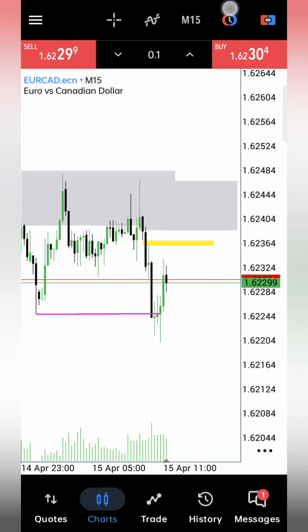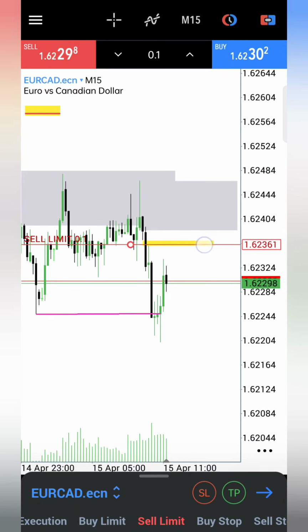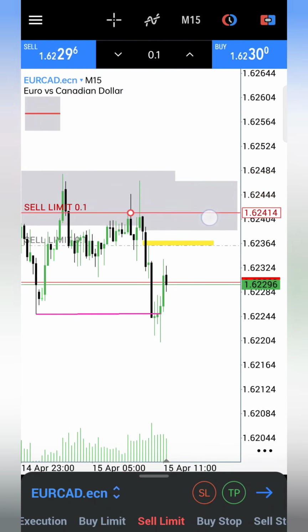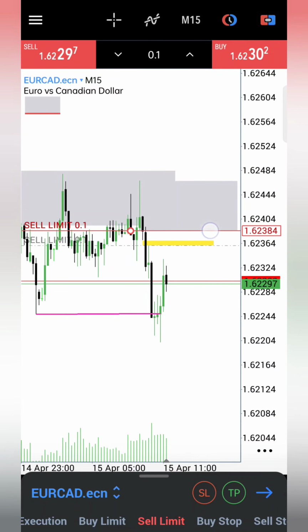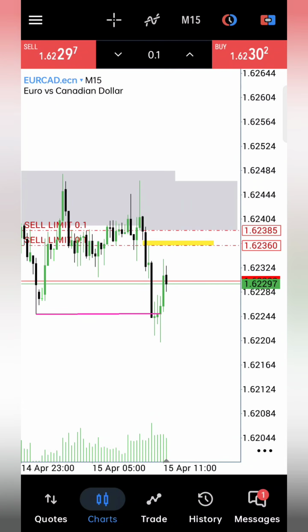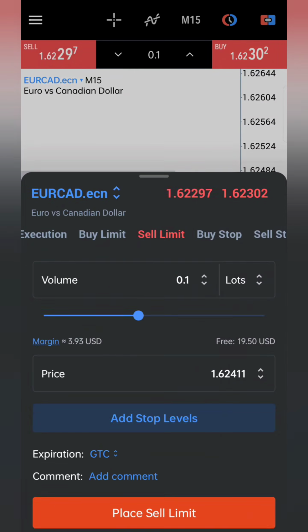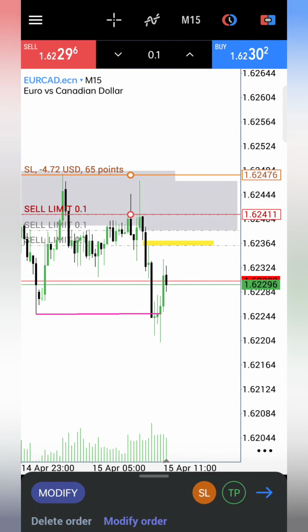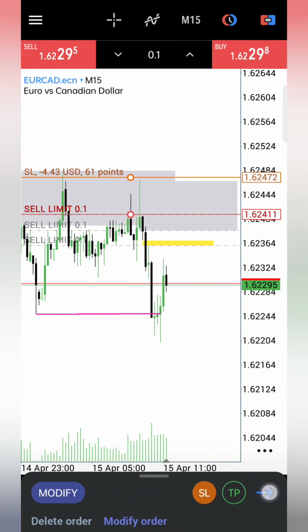So I will start taking my entries from the extreme imbalance area. And I'll place my stop losses just above the order block zone.